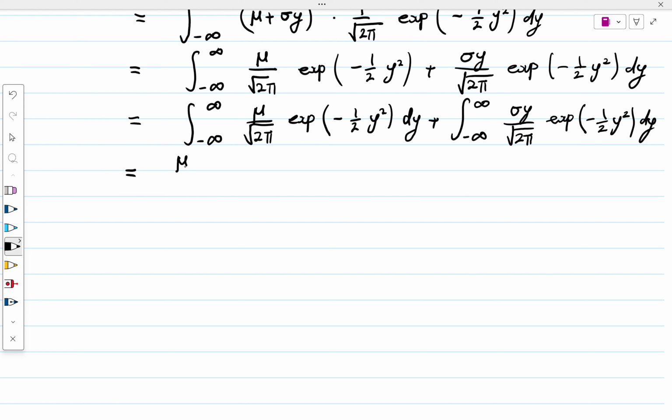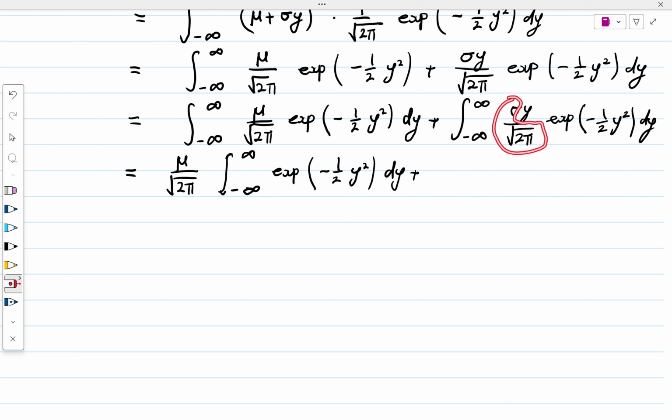So what I will do here is mu on square root 2 pi, integral of negative infinity to infinity of exp of negative a half y squared dy, plus, and in a similar effort, I can acknowledge that the sigma and the square root 2 pi are also independent of what we are integrating with respect to, so they can come out the front.